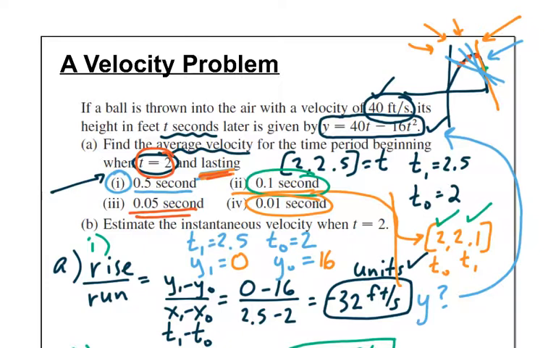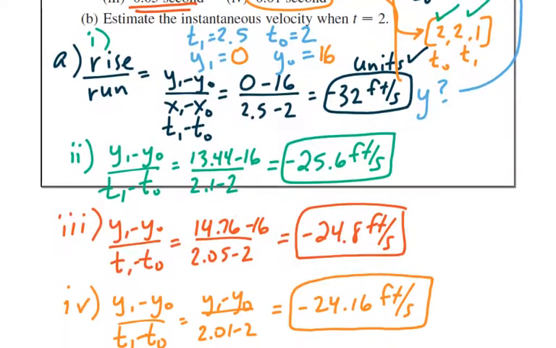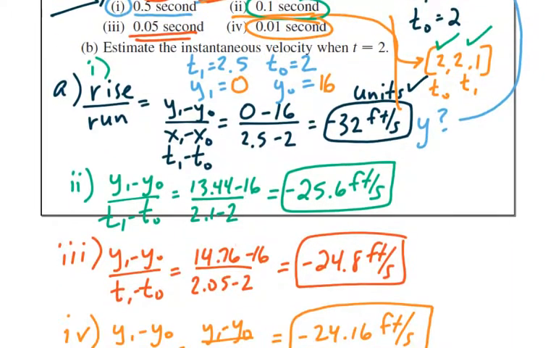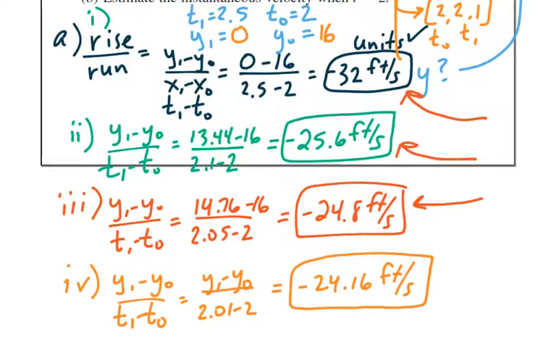Let's see. Watch what happens. When I was 0.5 seconds away, I have this. When I was 0.1 second away, when I was 0.05, I'm getting closer and closer. When I was 0.01 away, I was there. So can you estimate about what the actual instantaneous velocity would be at 2?